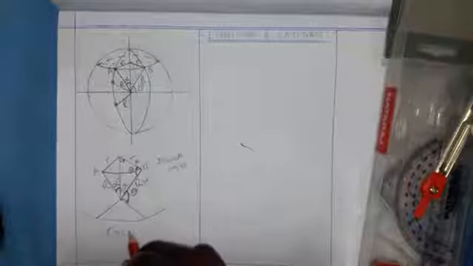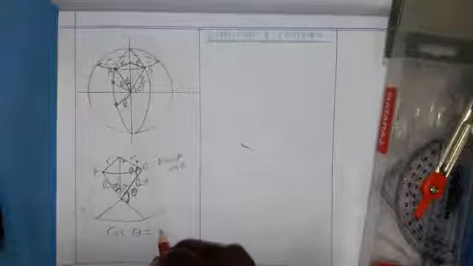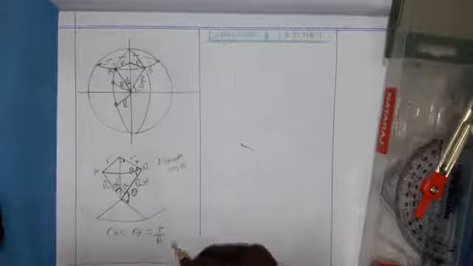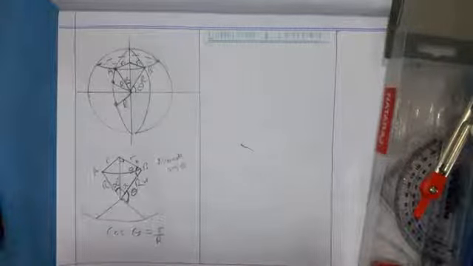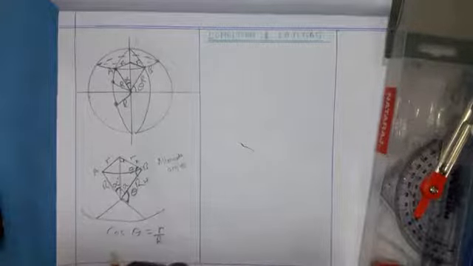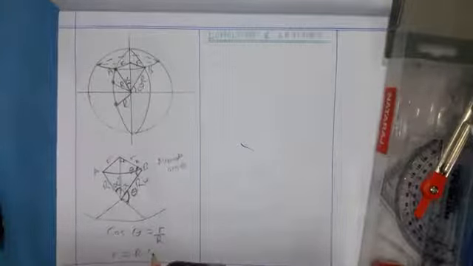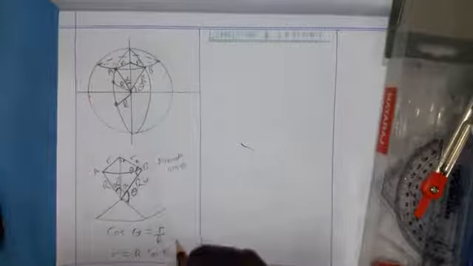So it will be cosine of theta equals adjacent over hypotenuse, of which that small r will be equal to R cosine theta. What is theta?